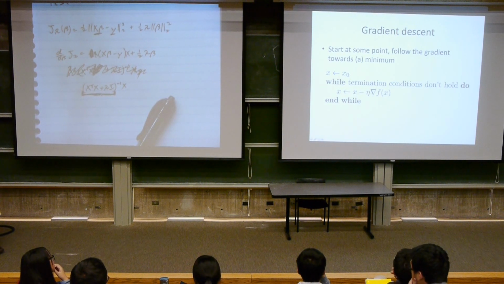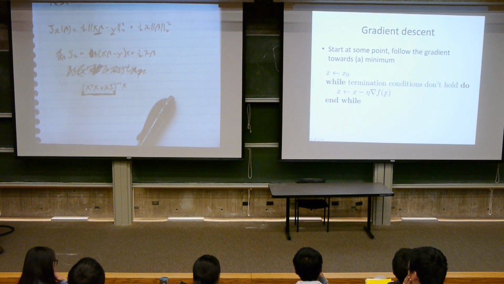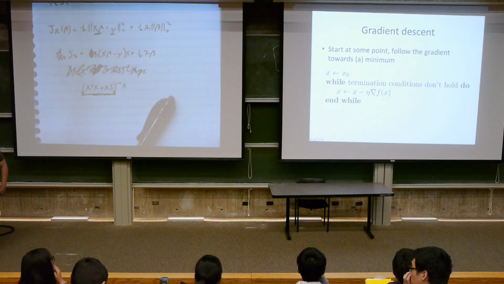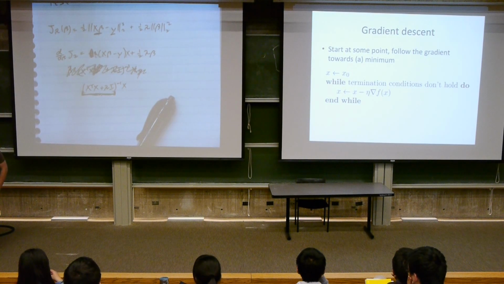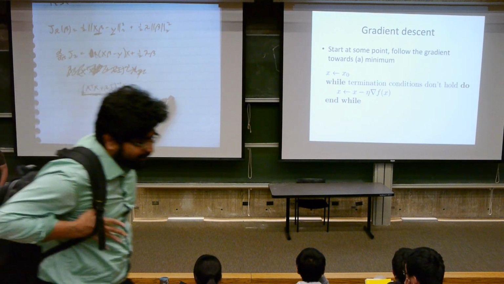And this will only stop when the gradient is exactly 0. So if we could do this exactly, this would stop when the gradient here is 0, and then you just set x to x. Otherwise, you're always going to be moving. The problem is when we're doing this on actual computers, we don't have perfect precision arithmetic, and we don't have unlimited amounts of time.